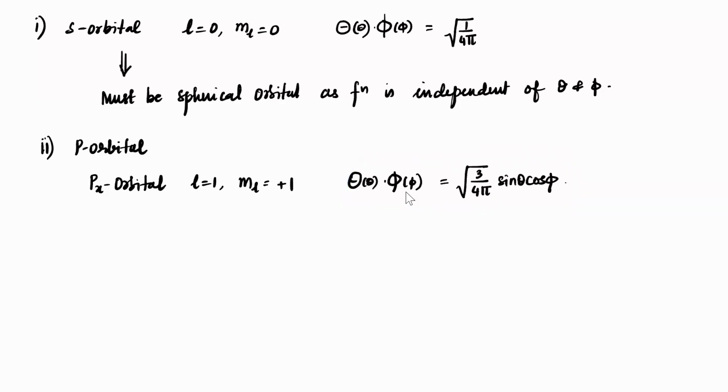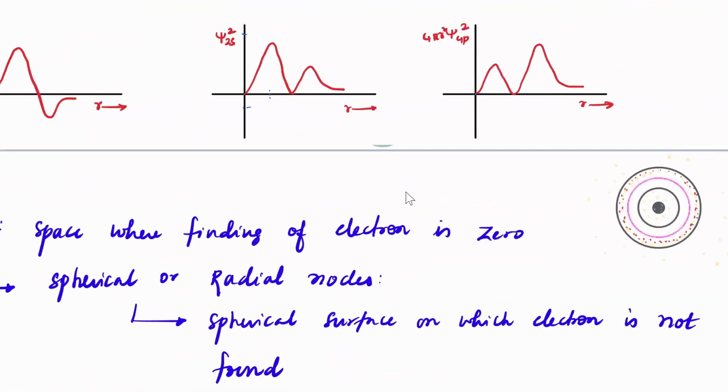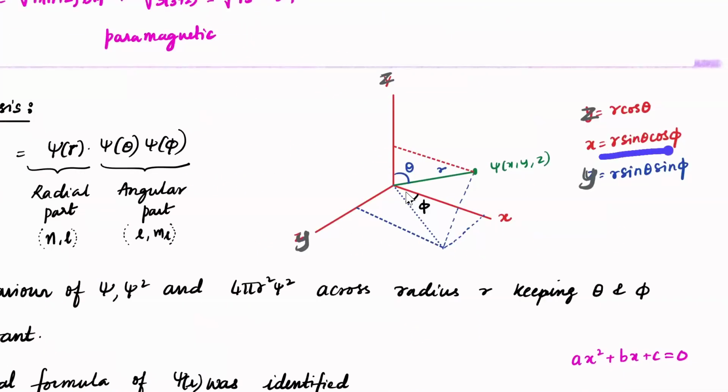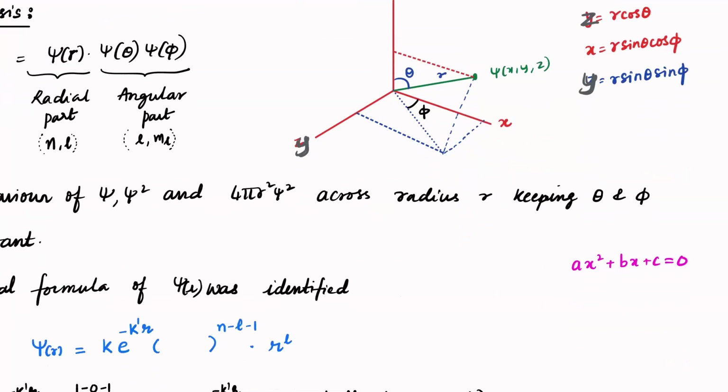Now, what does this value suggest? Let me go back a little bit. When were we getting sine theta cos phi? When we were talking about the x-axis.